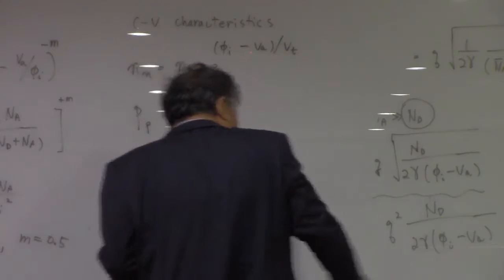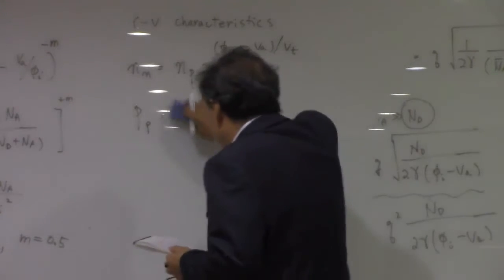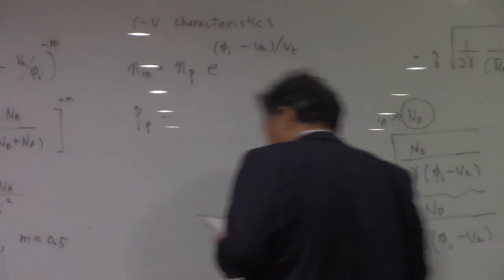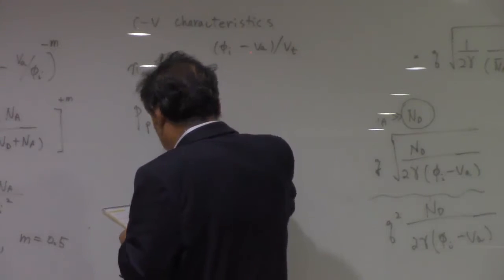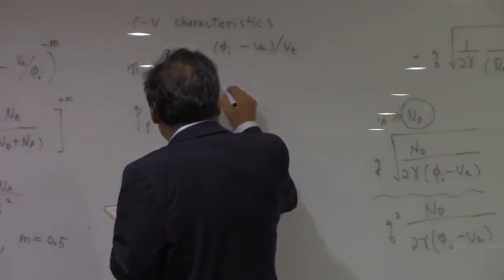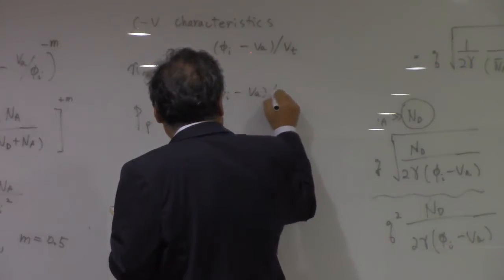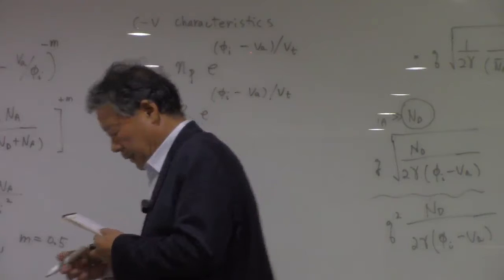We have discussed this last time. Pn e to the (phi_i minus Va) over Vt. Okay?